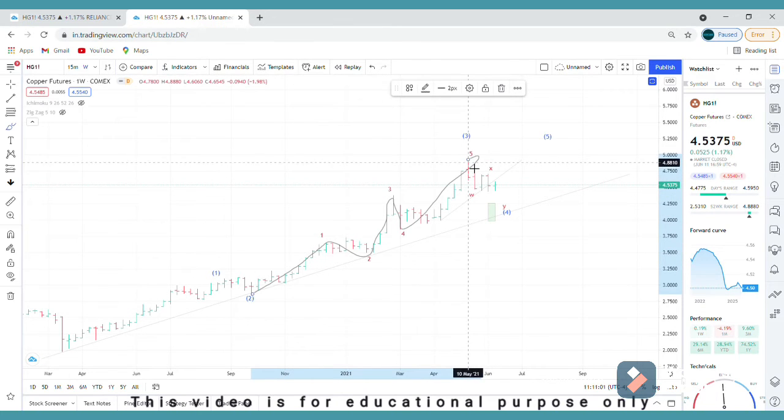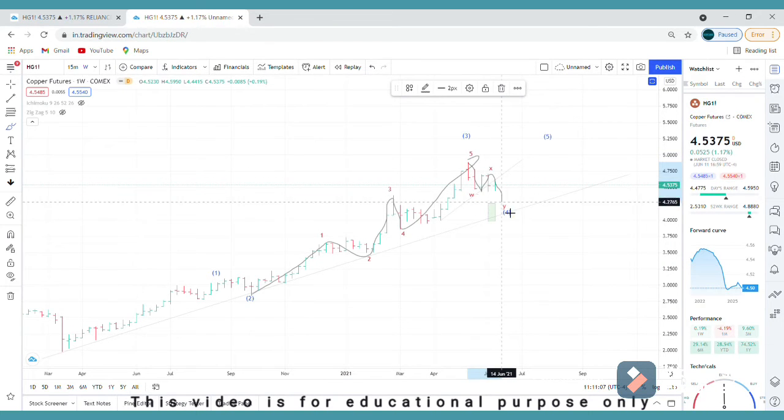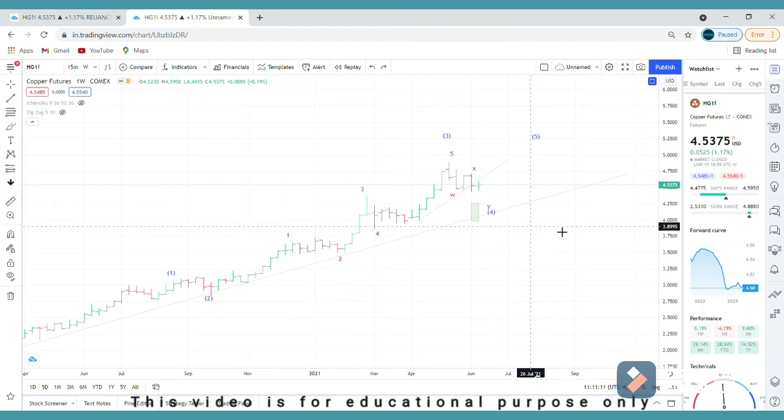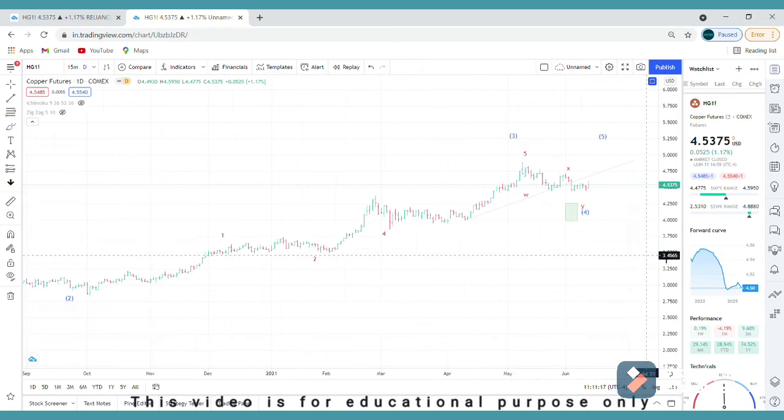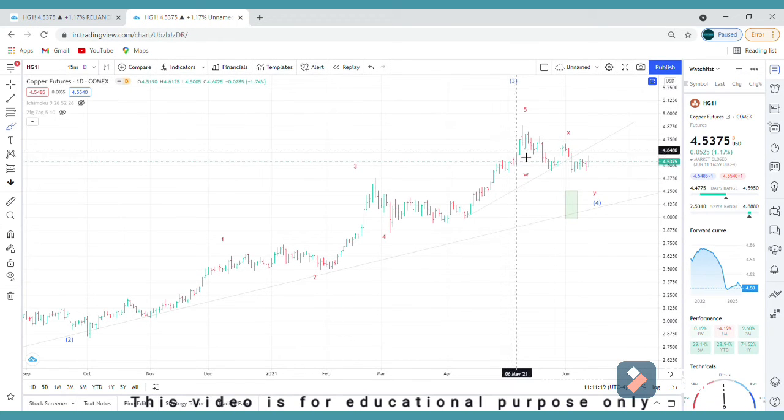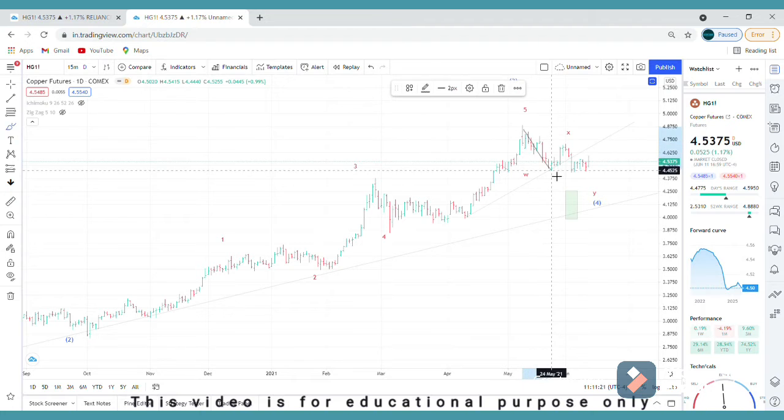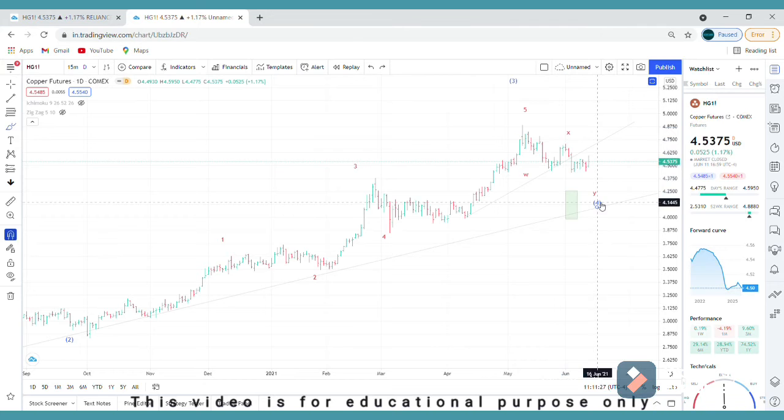After the fifth, in Elliott wave we expect a correction in three moves, 1, 2 and this is the third wave. So this is what we are expecting. If we break it down in a lower time frame, let's say daily, we will be able to see here 1, 2 and now this third wave we want to complete and enter at this level.